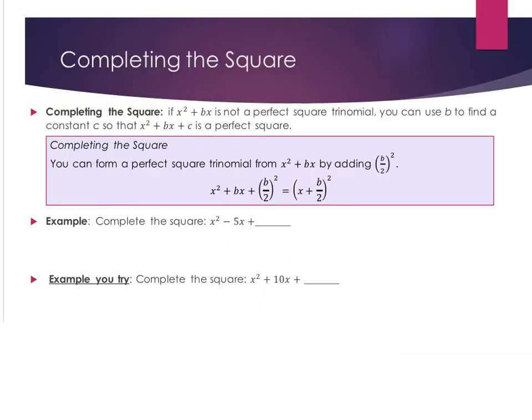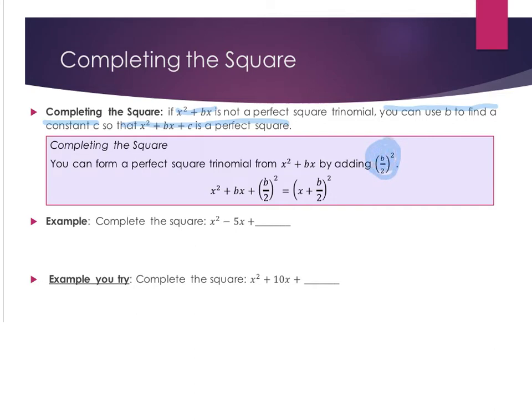So when we are completing the square, x squared plus bx is not a perfect square trinomial. You can use b to find a constant c so that x squared plus bx plus c is a perfect square. We do this by adding b divided by 2 quantity squared to both sides.